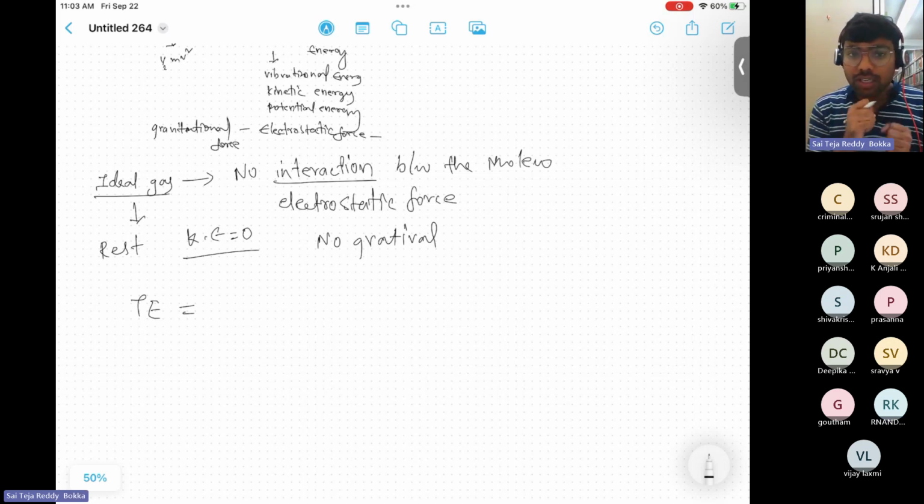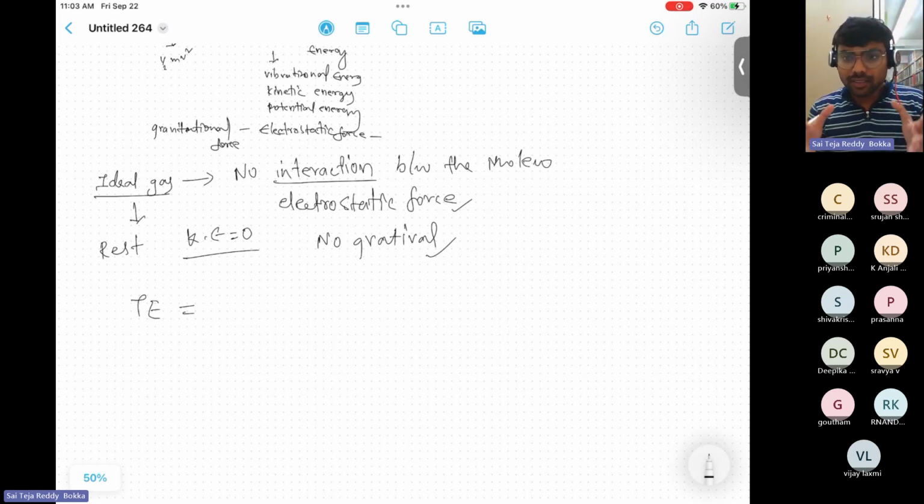Potential energy, because there is no gravitational force and no electrostatic force, so your potential energy will be zero. We are talking about the external system, not the internal system. We are not talking about a molecular level energy system. We are just talking about the external system of a body.